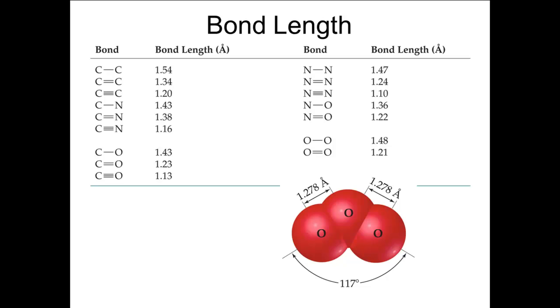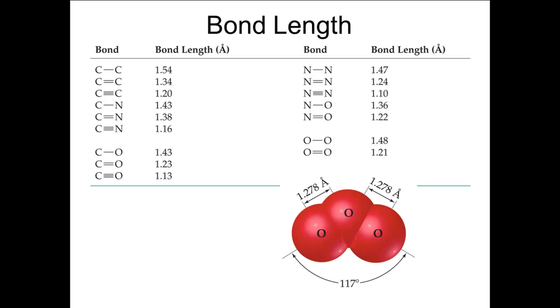We can expand this idea to resonance. Here's the ozone molecule with its bond angle and bond lengths. If you compare the bond lengths of the two bonds in ozone to the oxygen-oxygen single bond and oxygen-oxygen double bond lengths, you see that in ozone the length, 1.278 angstroms, is between the two values given in the table, 1.48 angstroms for the single bond and 1.21 angstroms for the double bond.